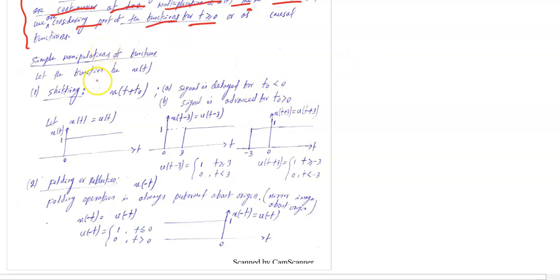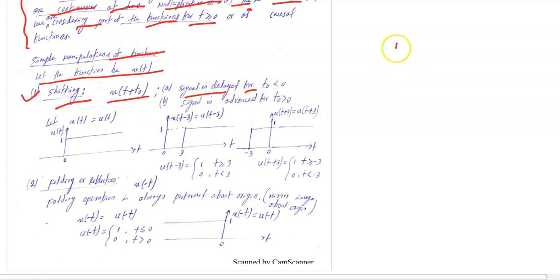Simple manipulation of the functions. Let the function be x of t. First we will discuss the shifting, x of t plus t0. When t0 is negative, it is called delayed.